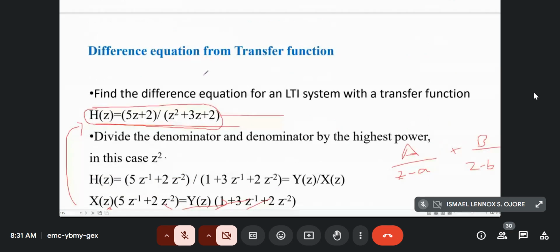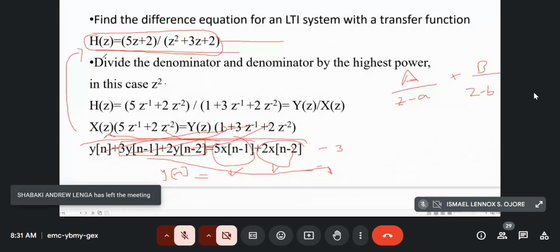You can also now do the opposite, the difference equation from the transfer function. This is an interesting one. So this is your transfer function, H of z is 5z plus 2 divided by z squared plus 3z plus 2.